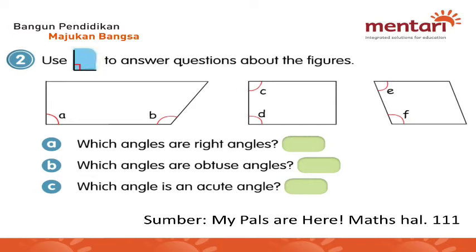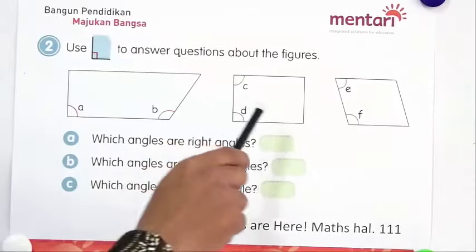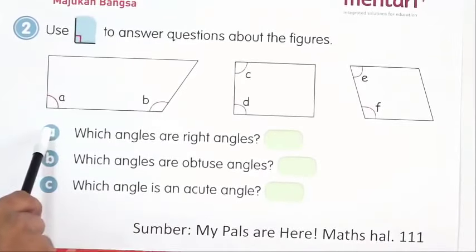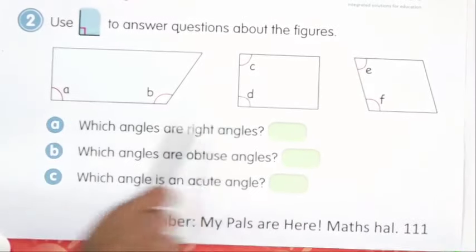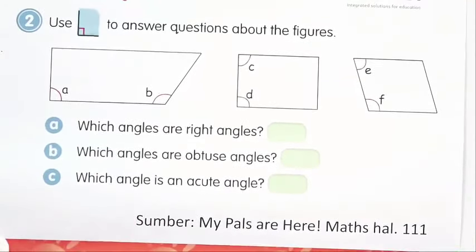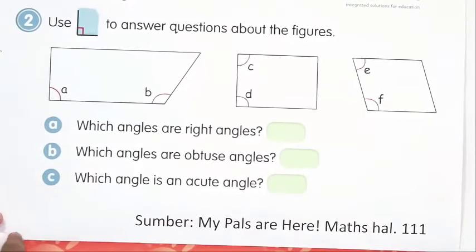Yeah, this is number 2, and let's do this together, yeah? We have 3 figures here. This is the first, this is the second, and this is the third. And the question is, which angles are right angles? You have to list down which ones are the right angles and which angles are obtuse angles.